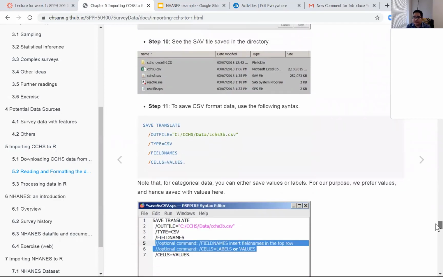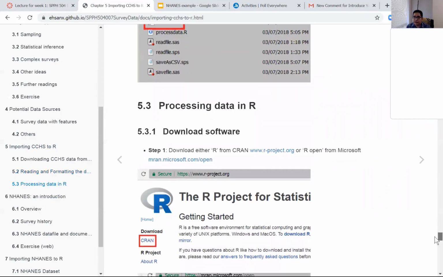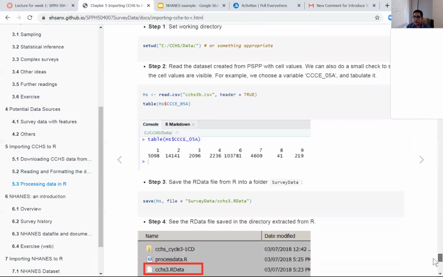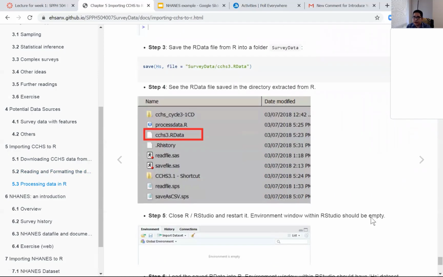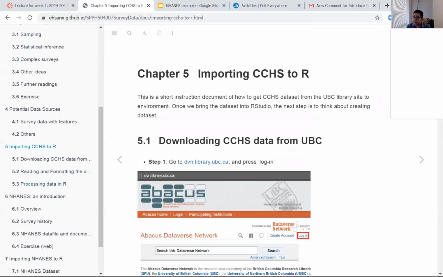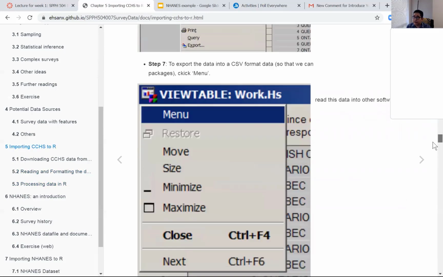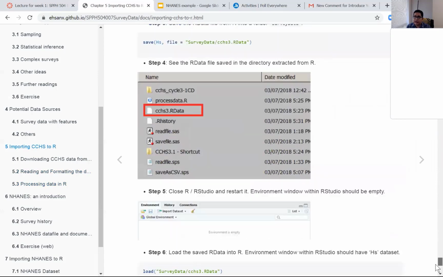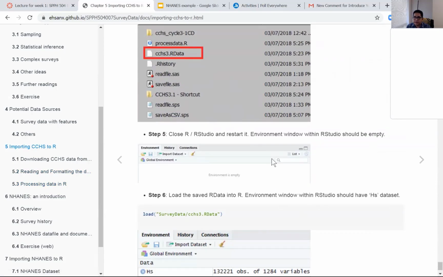And at the end of the downloading and conversion, you can incorporate that dataset into your R. These very detailed steps are already given, and I want you to try out downloading at least one cycle of CCHS data and try to figure out whether you can do it, because this is the first step of your final project, learning how to download the file.